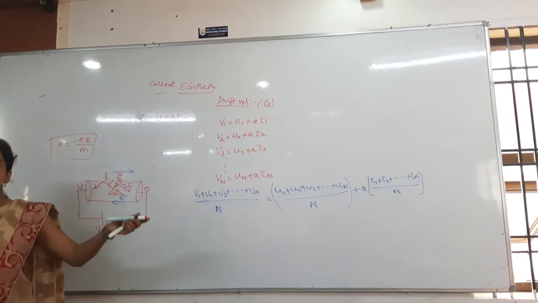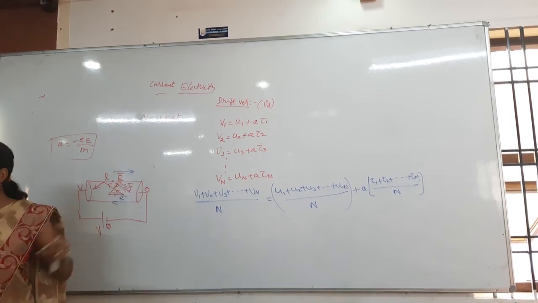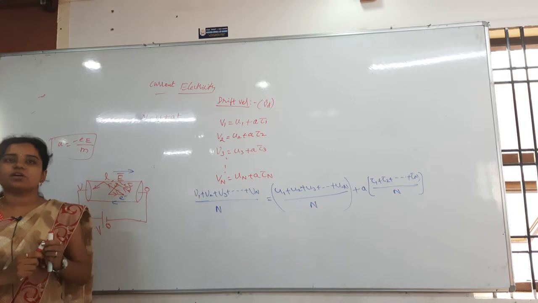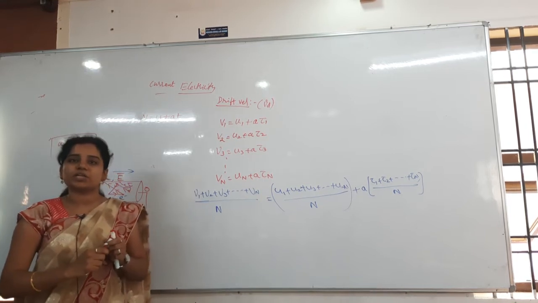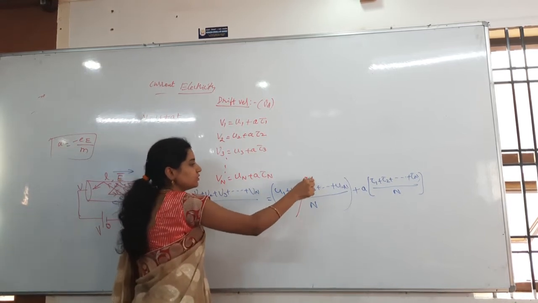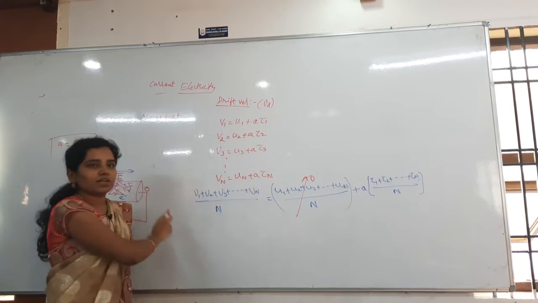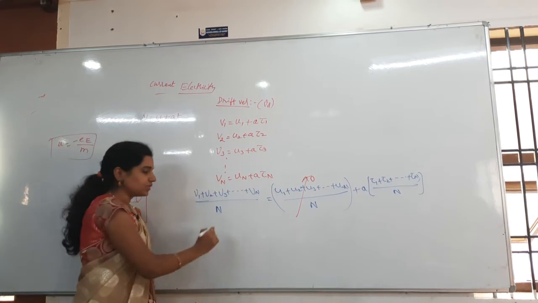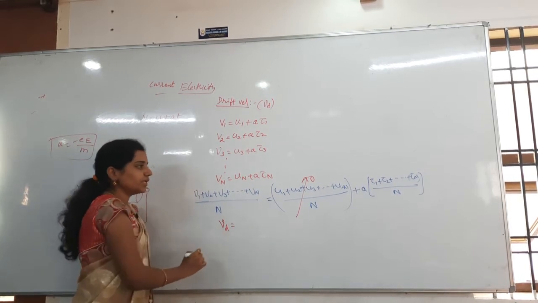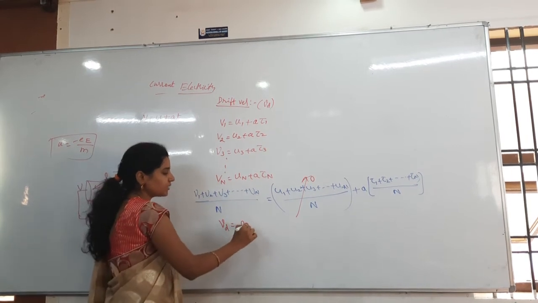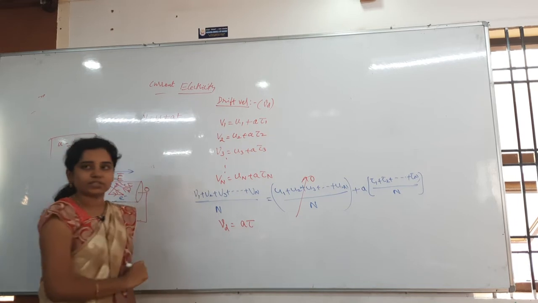U1 plus U2 plus U3 by n, that is the thermal velocity I said. The average velocity of all the electrons is always 0. Then this average velocity is known as the drift velocity, Vd. Vd is equal to what is remaining? Nothing but acceleration into the net relaxation time, tau.